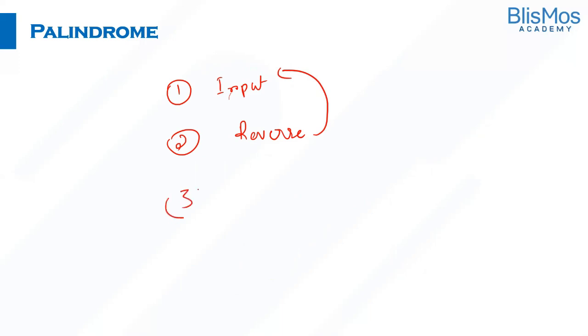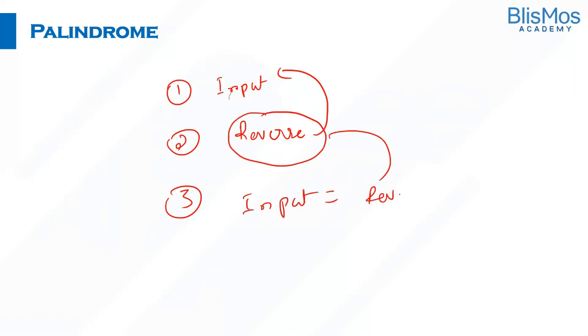Then compare the value of the reverse with the input. And if both of them are the same, then it is a palindrome. If they are not the same, then it is not a palindrome. Let us see this in action.